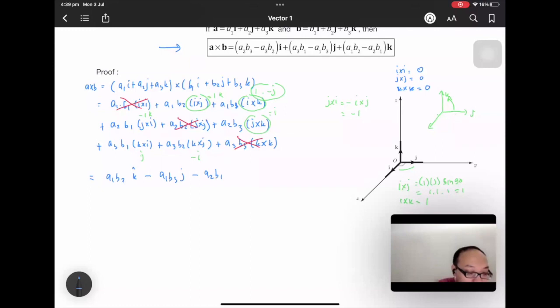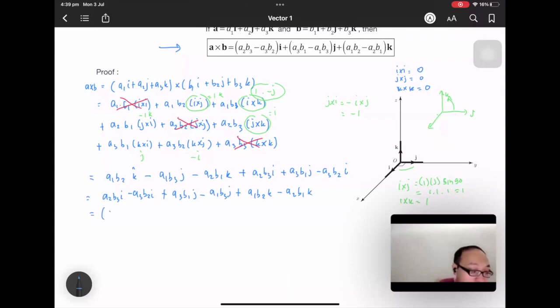Minus A2, B1, K plus A2, B3, I plus A3, B1, J minus A3, B2, I. And then we collect the I, J, and K. So it's A2, B3, I minus A3, B2, I. And then plus A3, B1, J minus A1, B3, J. And then plus A1, B2, K minus A2, B1, K.